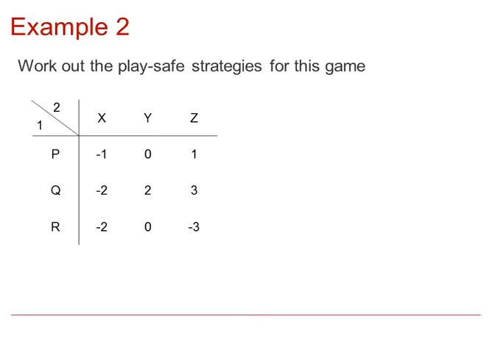Working out the play-safe strategies for this game, again we're looking at the minimum of the rows, in which case we would have -1, -2 and -3, and the column maximums, which will be -1, 2 and 3.